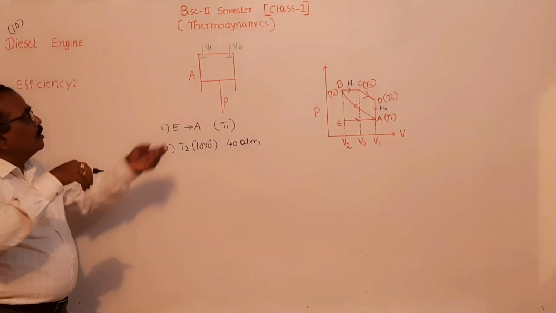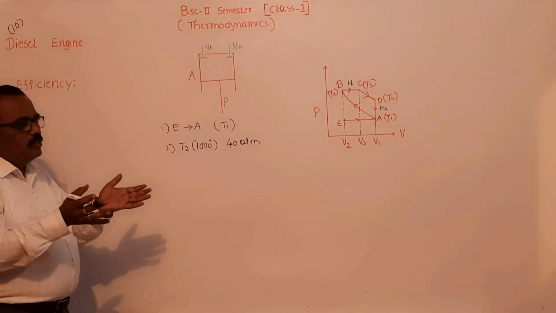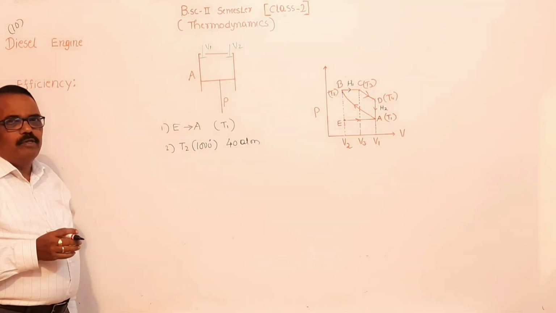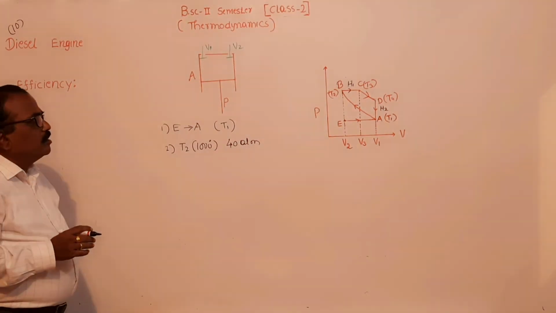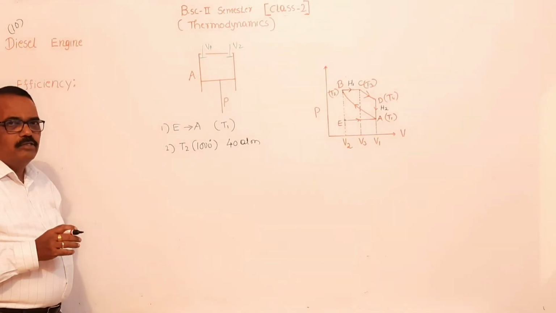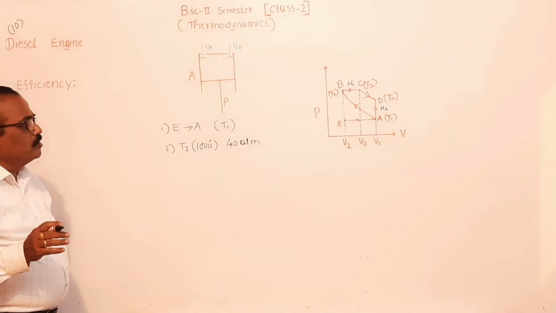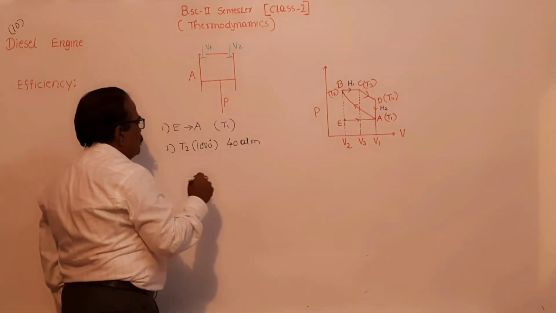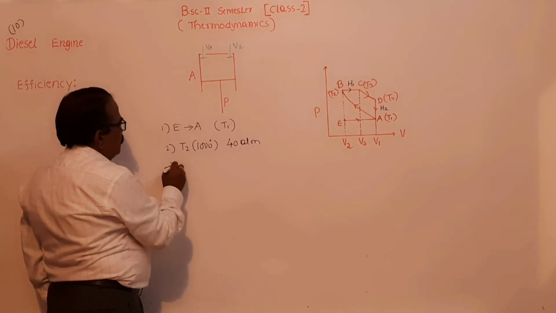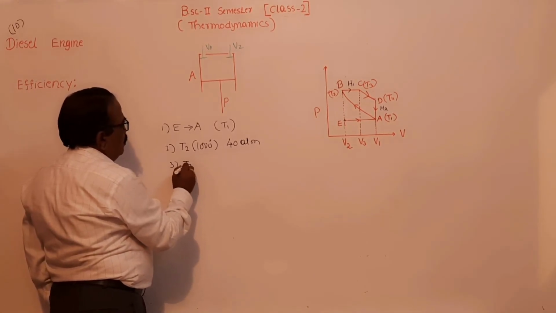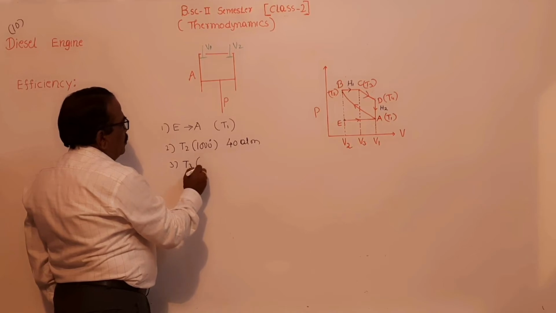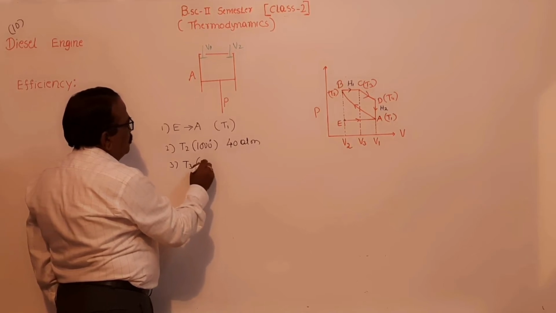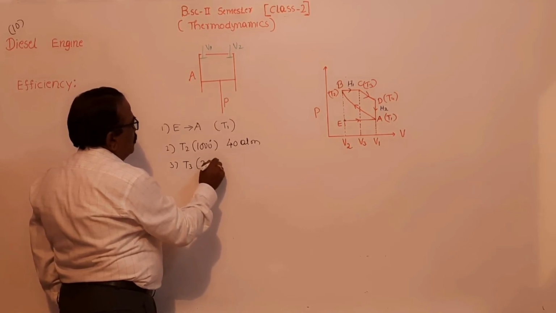When oil is sprayed, suddenly ignition takes place. Then temperature increases at constant pressure. So the temperature is T3, and here it is about 2000 degrees centigrade.